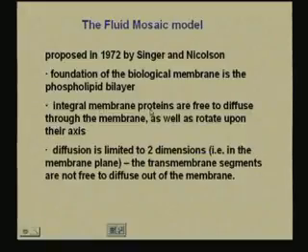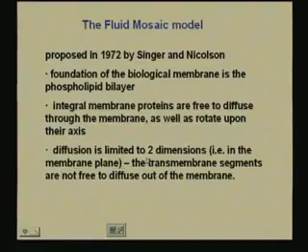The integral membrane proteins are free to diffuse through the membrane, and they can rotate about their axis. You have the lipid bilayer, you have the hydrocarbon chains sticking out, and you have the integral membrane protein that can rotate because all the surface is hydrophobic in nature.